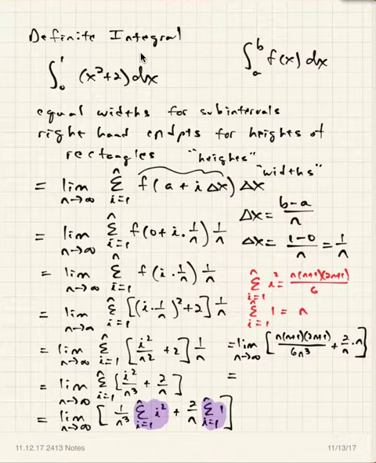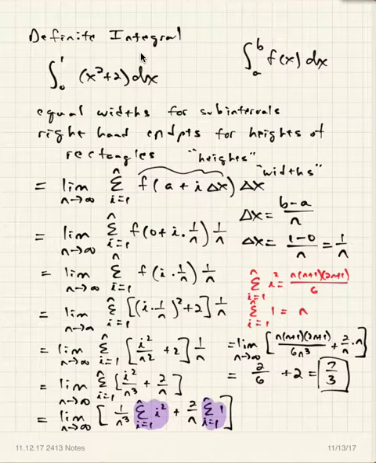And so if the degrees are the same, you can just look at the coefficients of the dominant terms. So this ends up giving us 2 over 6 plus 2, which is just 1/3 plus 2, or 7/3. And so that is the value of this particular definite integral.